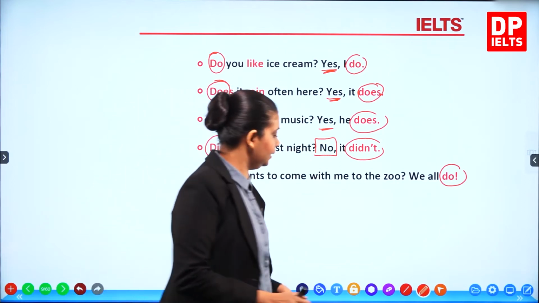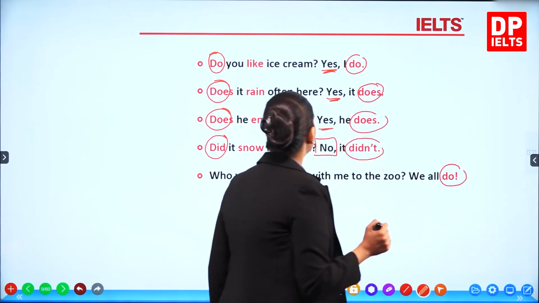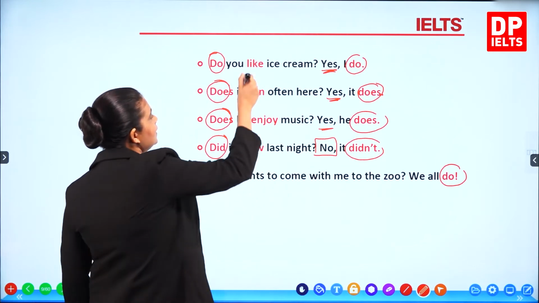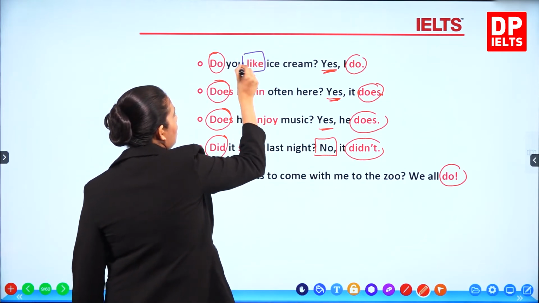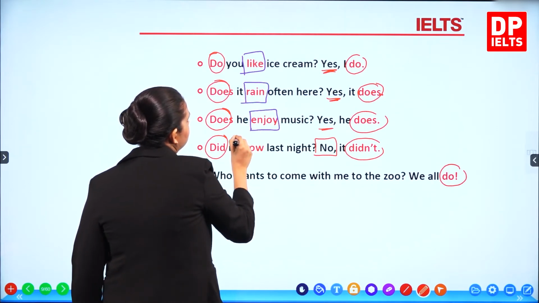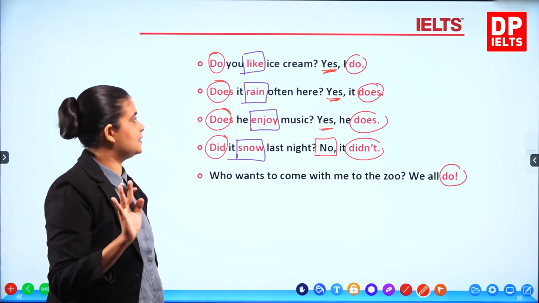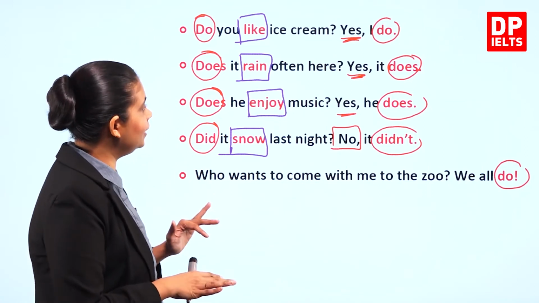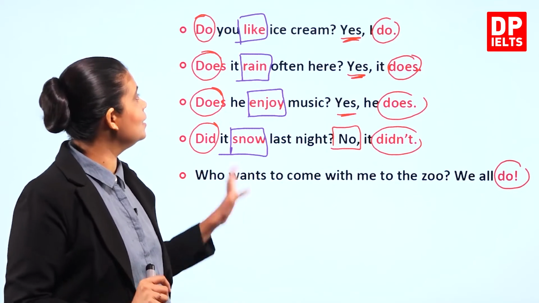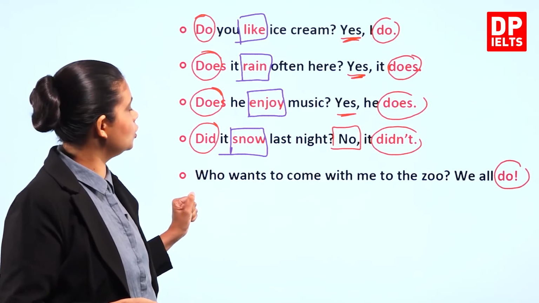There's another thing that I want you all to observe in these sentences. If you can see here, these verbs are in the base form. Now, you know what the base form is. I'm not going to tell you what a base form is because I've already taught you, so I'm just going to use that word so you practice with the terminology.